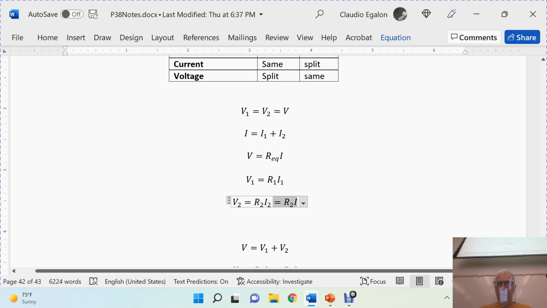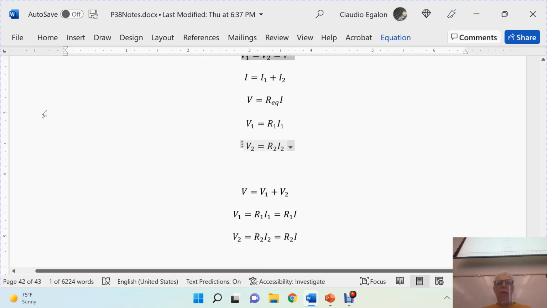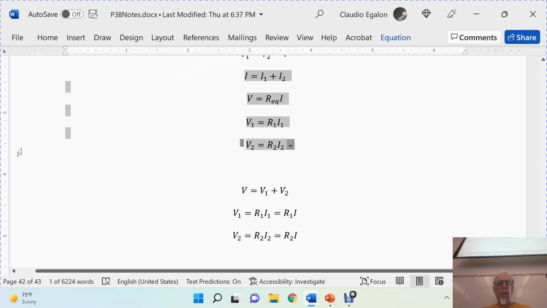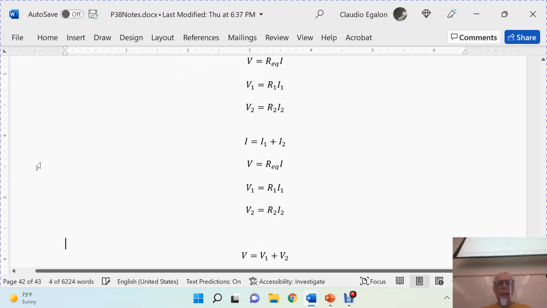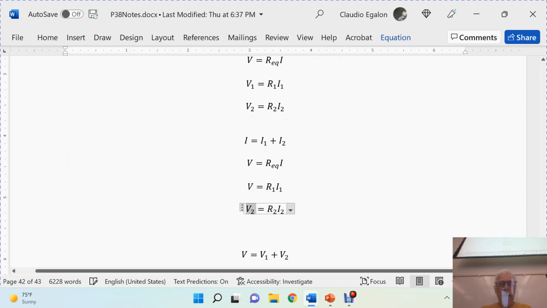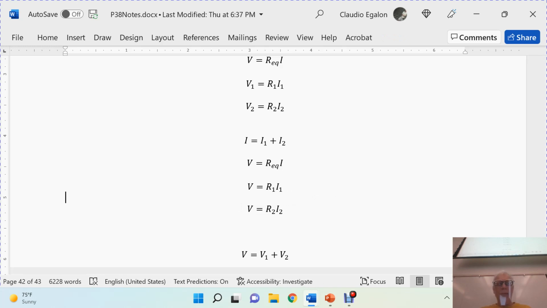Okay, so here we go. I'm going to apply this first relation here. When I apply this first relation, I get rid of this same relation, right? Once I use the relation, I can get rid of it. The first relation becomes V equal to R1 I1, V equal to R2 I2.